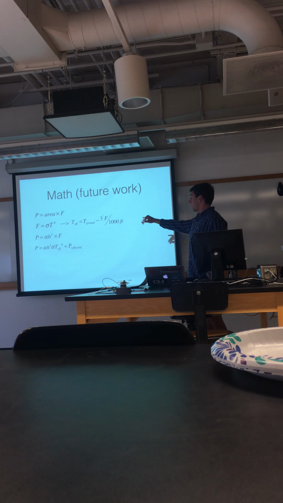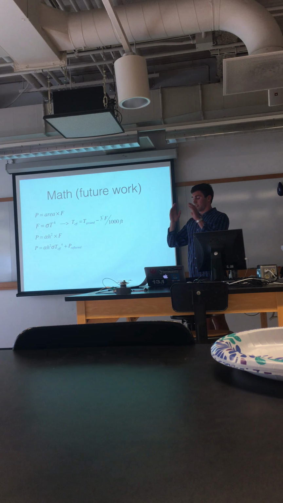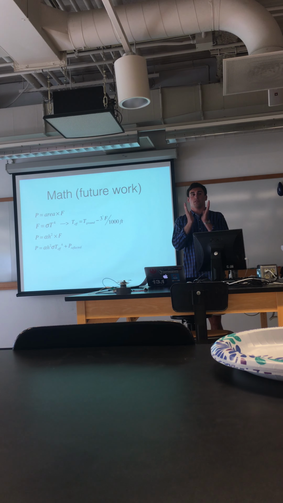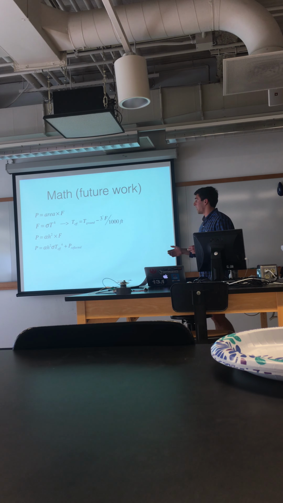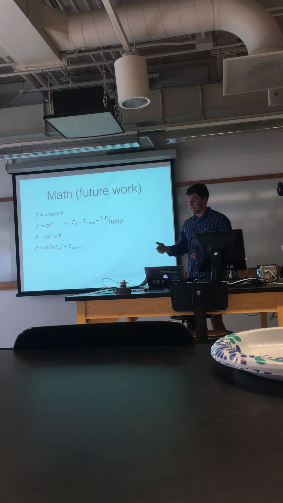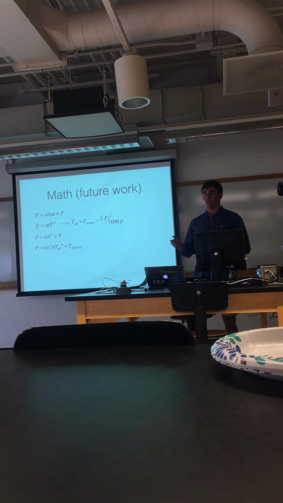That power, the alpha h squared, is the area, but it's related to the field of view of the PIR. The field of view information is in the data sheets, but because I wasn't able to get enough data to actually acquire a calibration for the device, it wasn't very useful just yet.